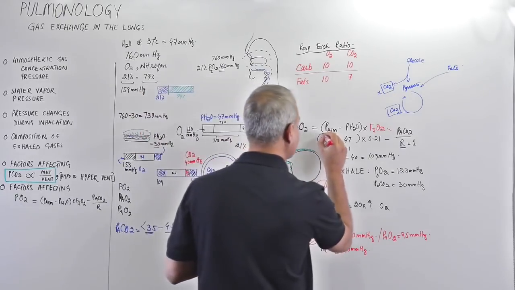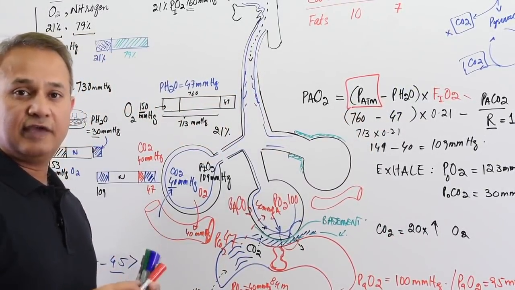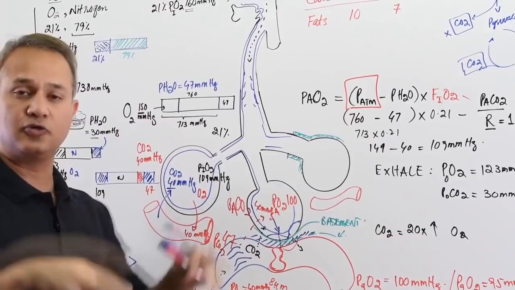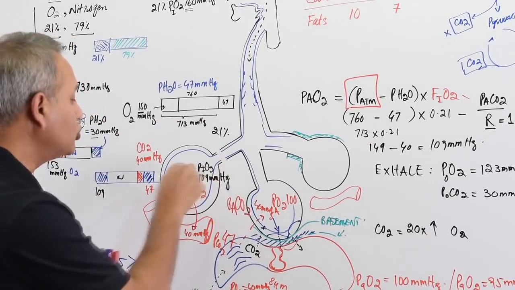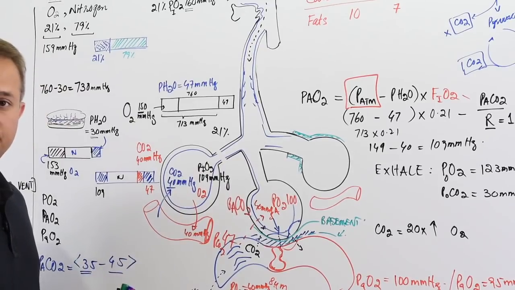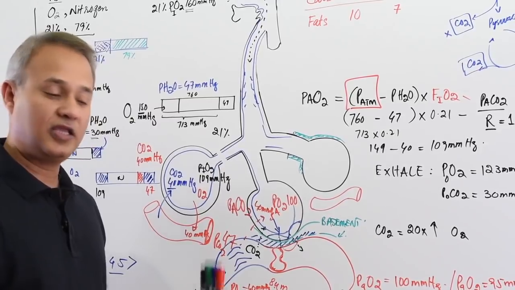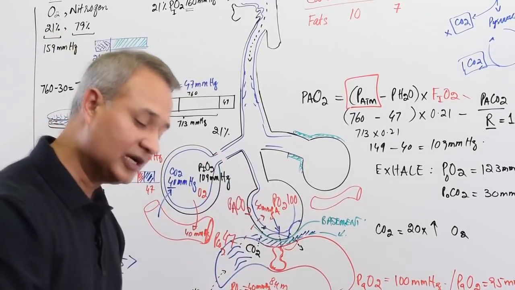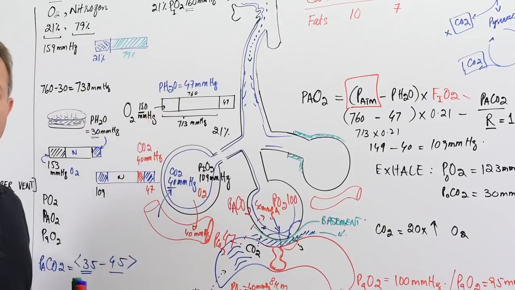For example, atmosphere. That is one factor. If you go to higher altitude where the pressure is low, then automatically PaO2 here will become low. On the other hand, if you put someone in the hyperbaric chamber where the pressures are double, then the PaO2 will become double as well. So that is one factor.